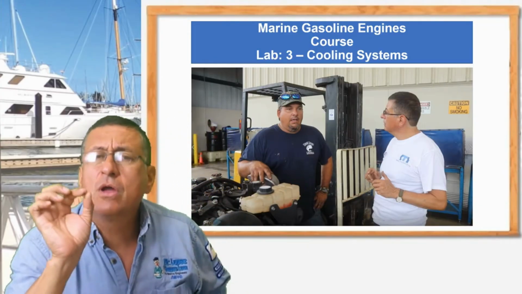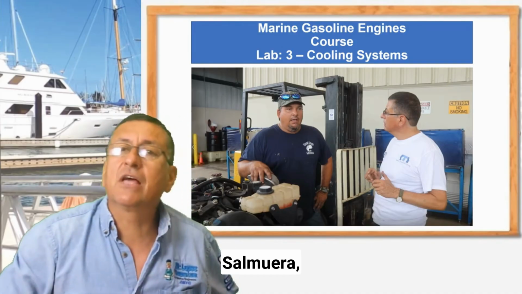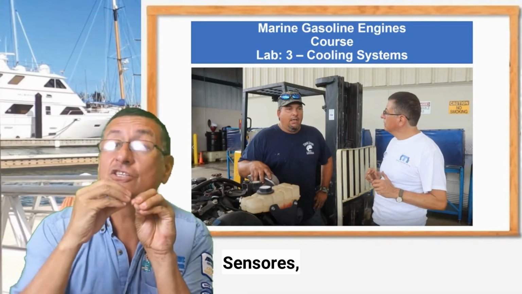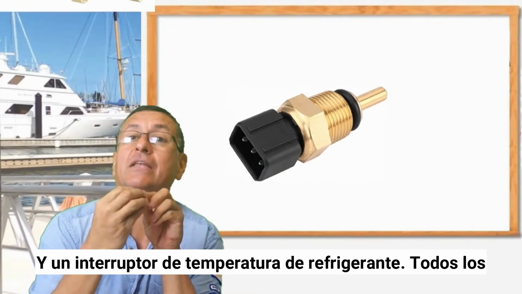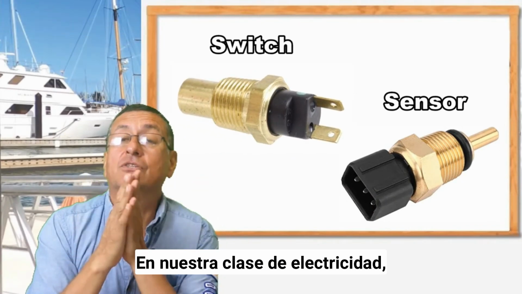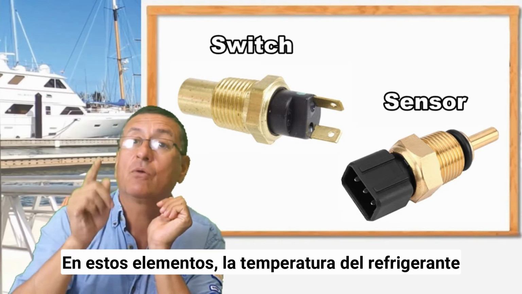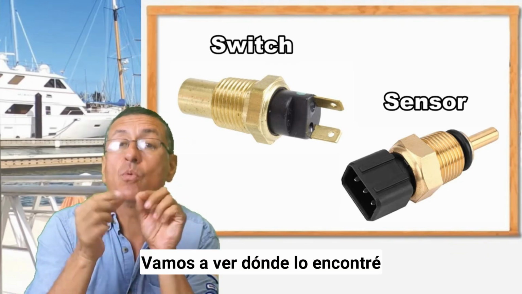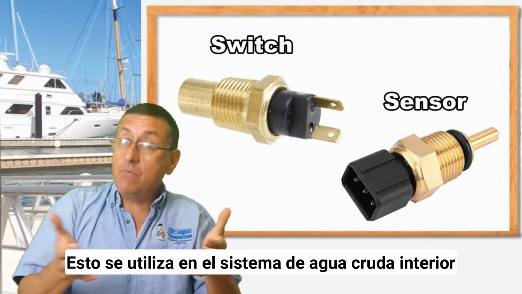We are going to follow hose by hose to identify the movement of the salt water, correct? And we are going to check in the thermostat housing the coolant temperature sensor and the coolant temperature switch, right? You remember in our class of electricity the wiring of those elements. We are going to check where they are located in the thermostat housing. This is for raw water system inboard engines.